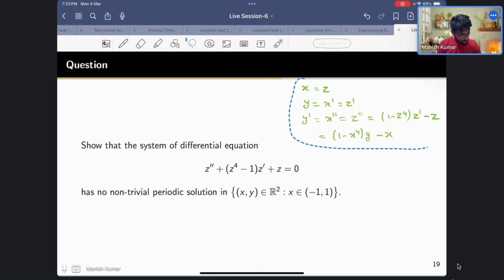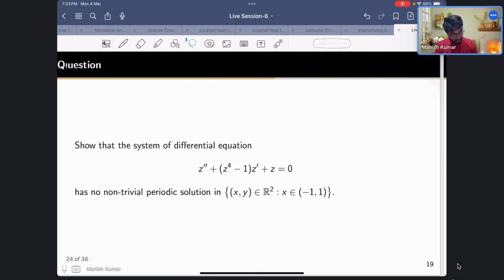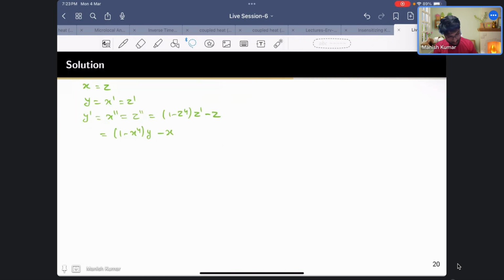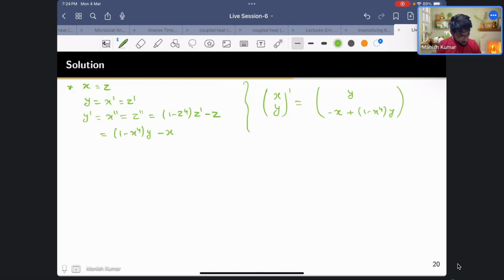So this is the conversion. Overall the system can be written as x prime is y, and y prime is minus x plus (1 minus x^4) y. So this is the non-linear term that we have.